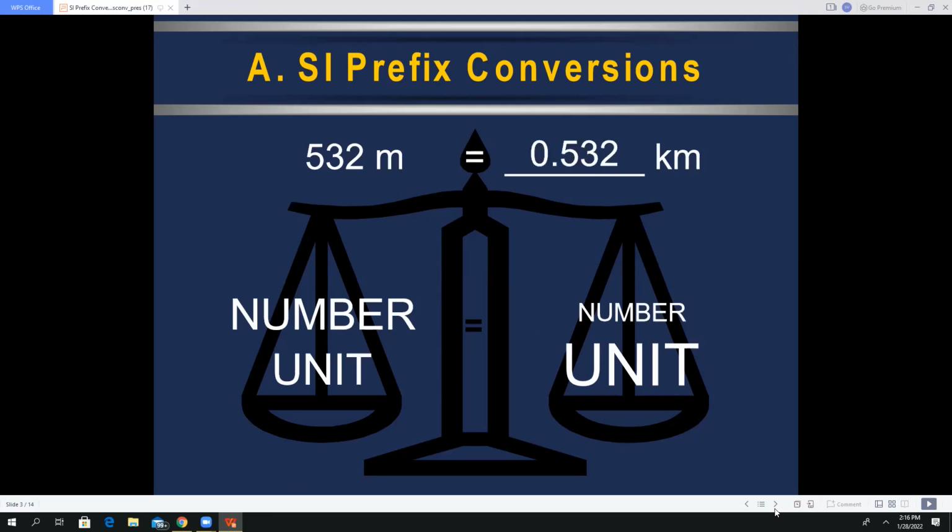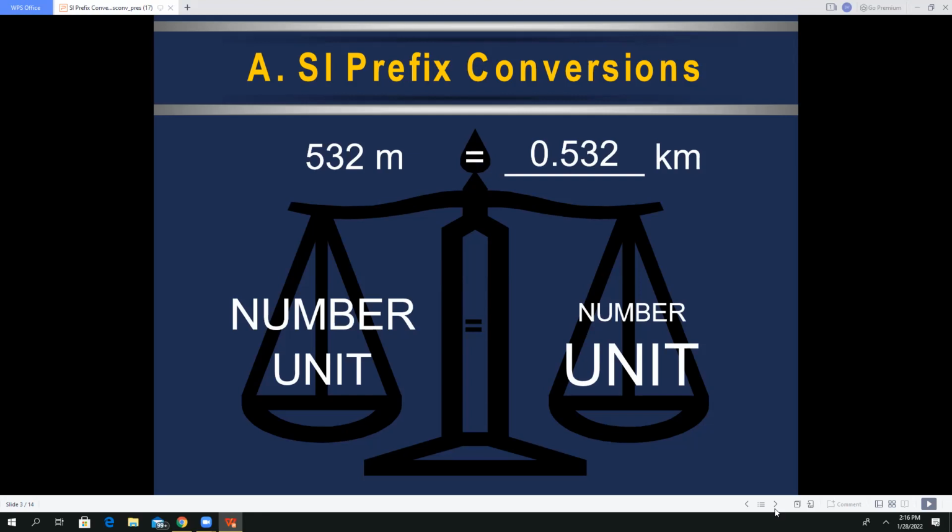Okay, so you see, when you do 532 meters, meters are smaller than a kilometer. So of course your kilometer number is going to be smaller because you only have a part of it, right? When you convert it to kilometers, you're still converting the same quantity, so the number is just going to be smaller because kilometers are larger.